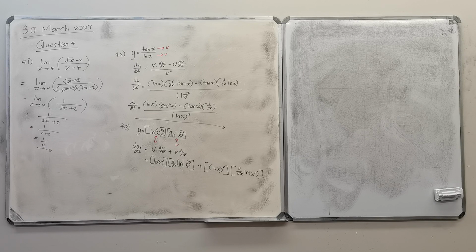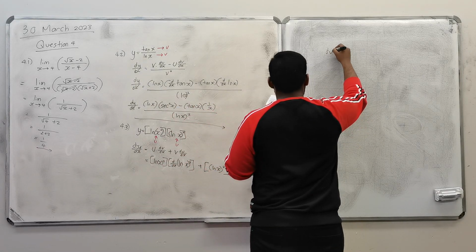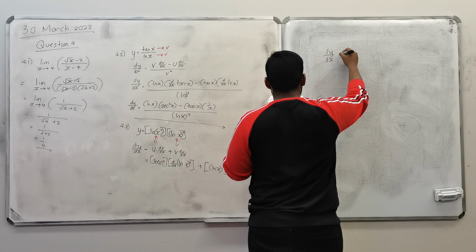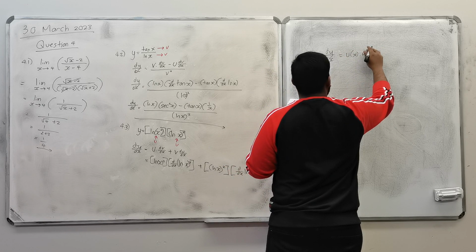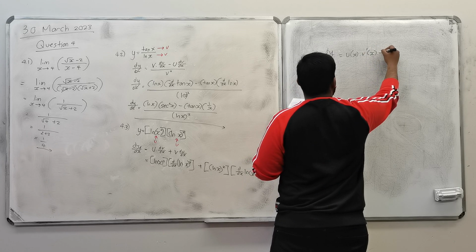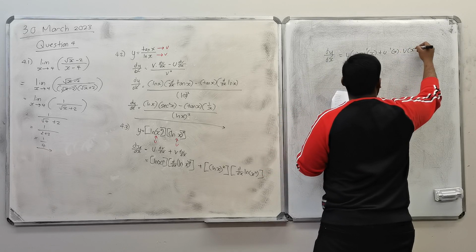In the formula sheets, they don't give you the functions of functions. The way they wrote it is dy over dx is equal to u of x times v prime of x plus u prime of x times v of x, right?